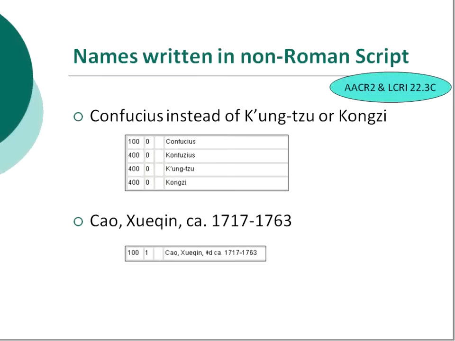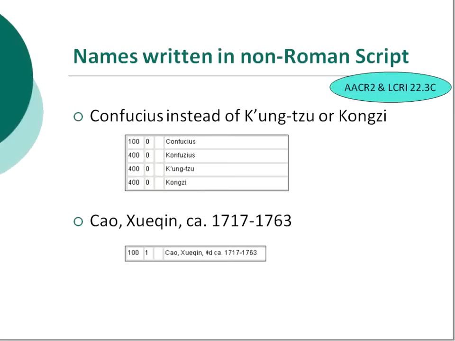I want to note an important point: persons who carry names derived from a non-Roman script, but who write in a Roman alphabet language, should not be considered under this rule.